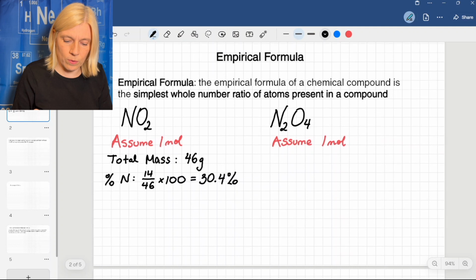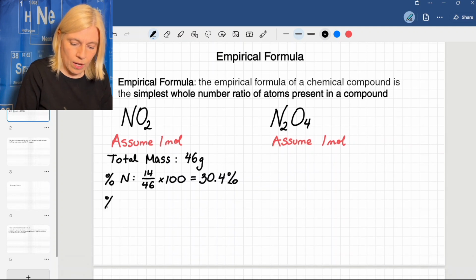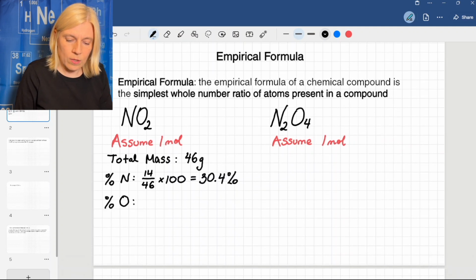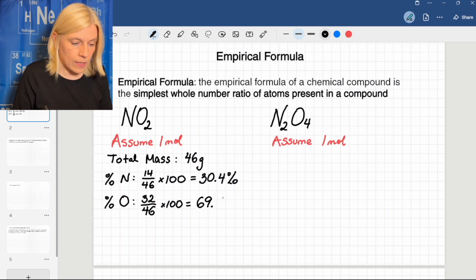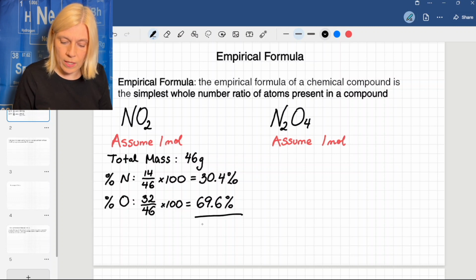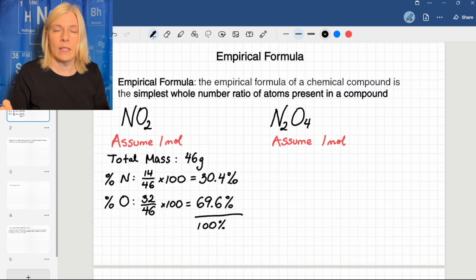And if we do percent composition of oxygen, well, 2 times 16 divided by 46. So we have 32 divided by 46 times 100, and that will give us 69.6%. Just to make sure, let's make sure they add up to 100, and 30 plus 70 is 100, so that's good.